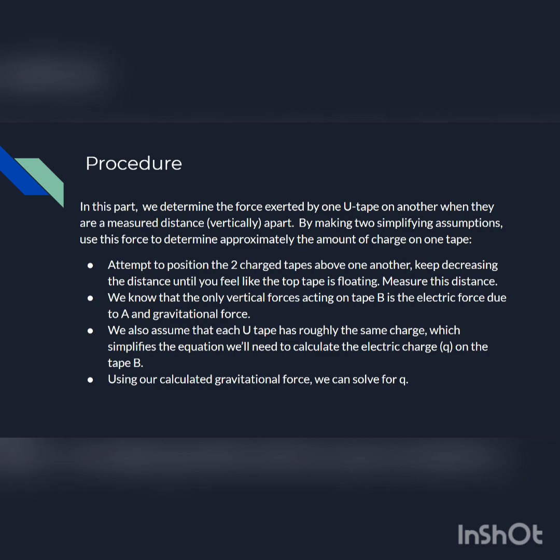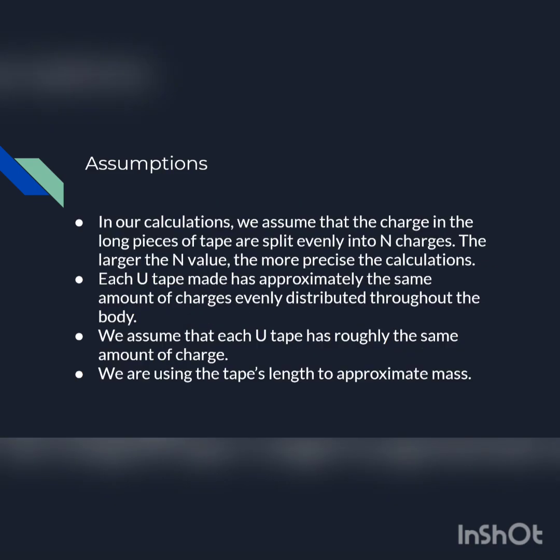Measure this distance. We note that the only vertical forces acting on tape B are the electric force due to A and gravitational force. We also assume that each U-tape has roughly the same charge, which simplifies the equation we'll need to calculate the electric charge Q on tape B. Using our calculated gravitational force, we can solve for Q.